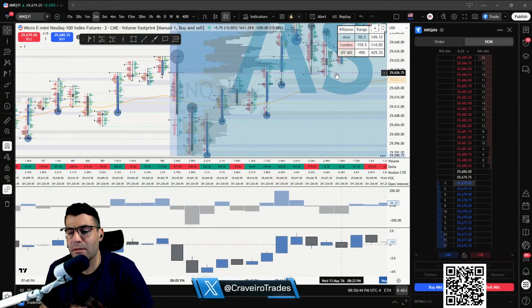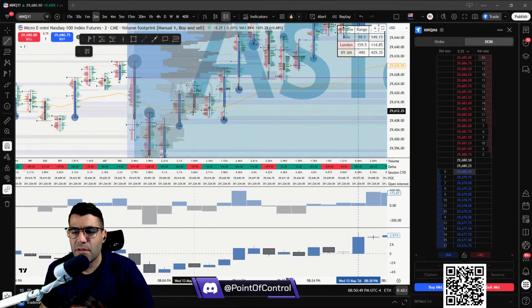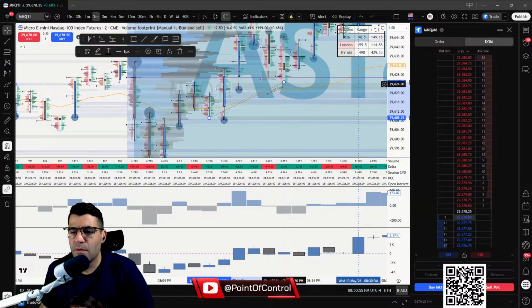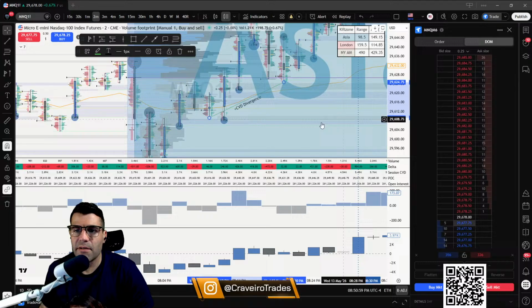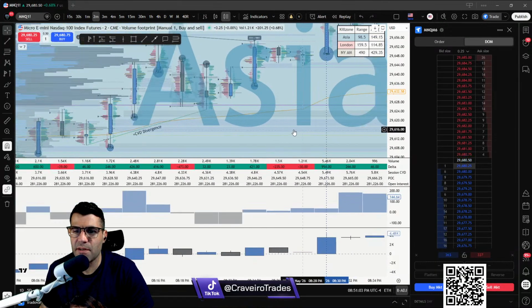Price is forming a higher low. So we have a CVD divergence from even right here to right here. And you can save an indicator or save a template so that you can just quickly map it. I would put that bullish CVD divergence.